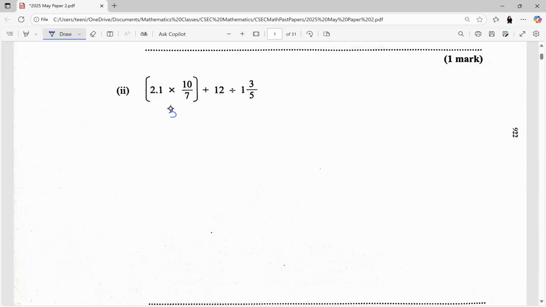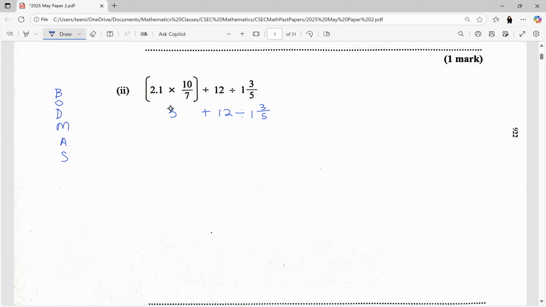So then it's 3 plus 12 divided by 1 and 3/5. But guys, remember, this is multiple operations, and with multiple operations, you have to use the order of operations, right? So recall BODMAS, which means that brackets come first, which is why we did 2.1 times 10 over 7 first.